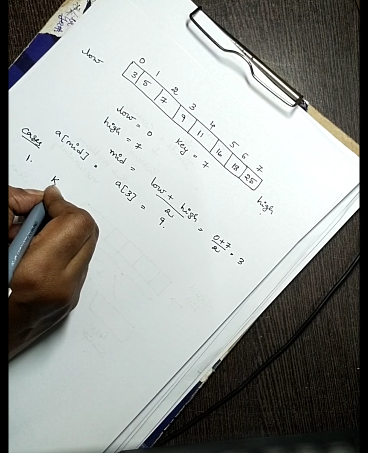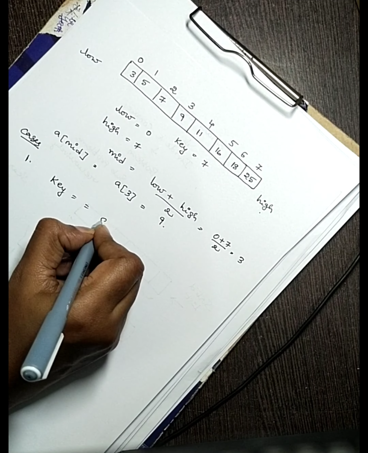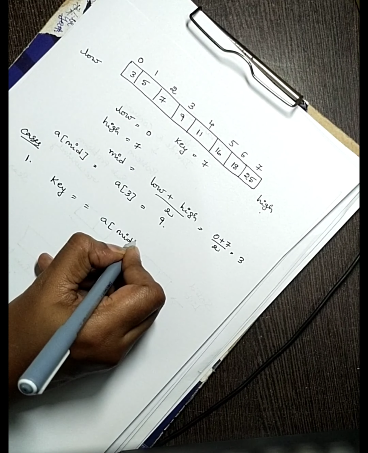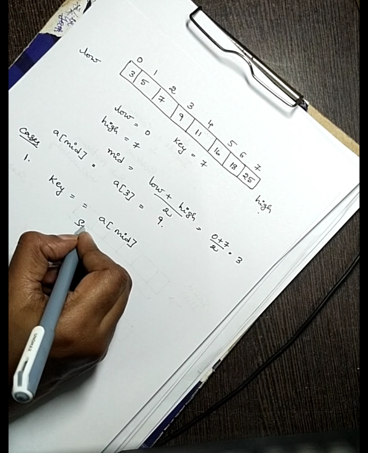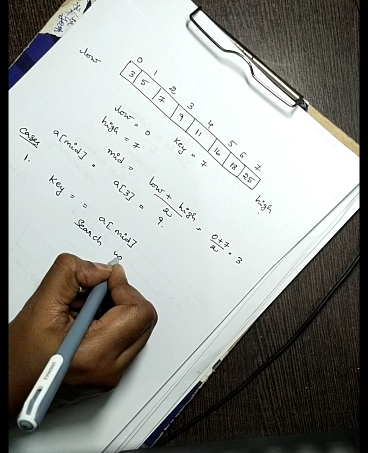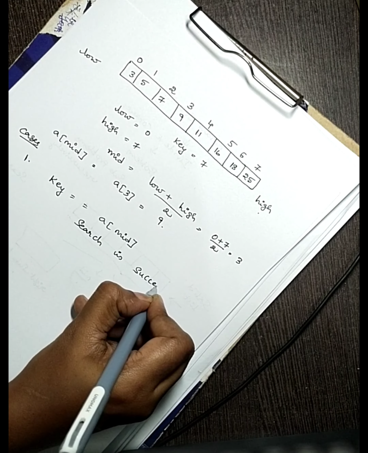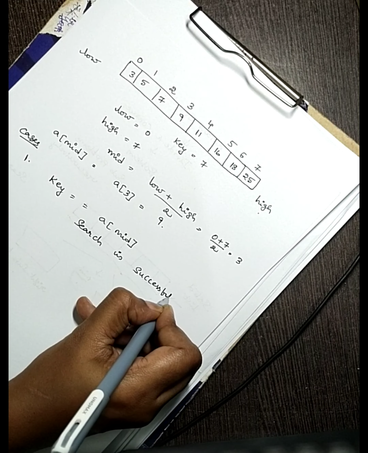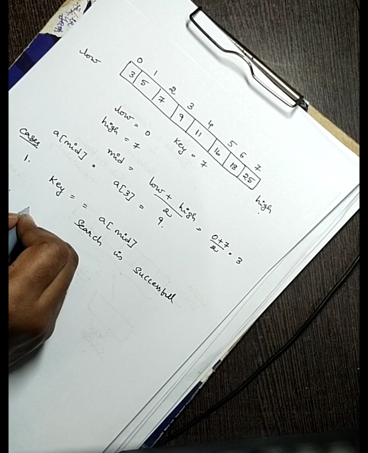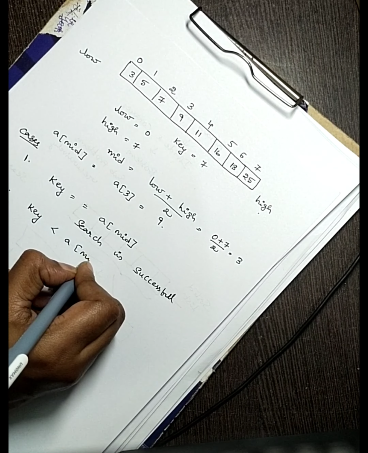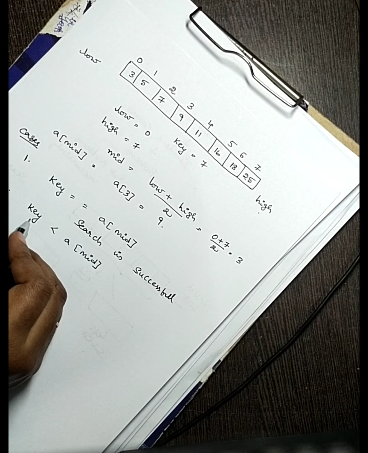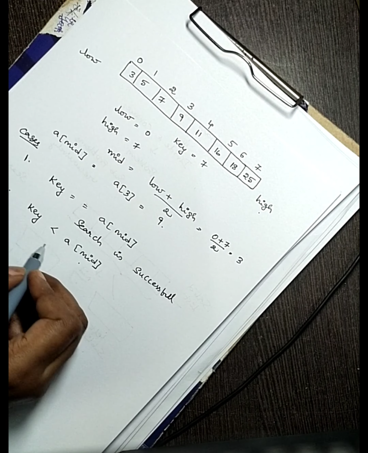Now we will come across three subcases. One is key is equal to A of mid. When key is equal to A of mid, it means that the search is successful. Second case, when key is less than A of mid, we will search the left sublist.